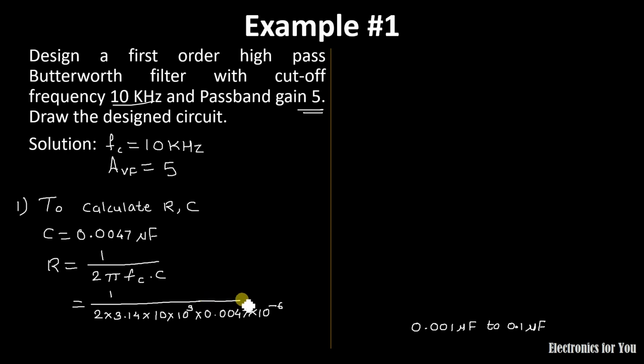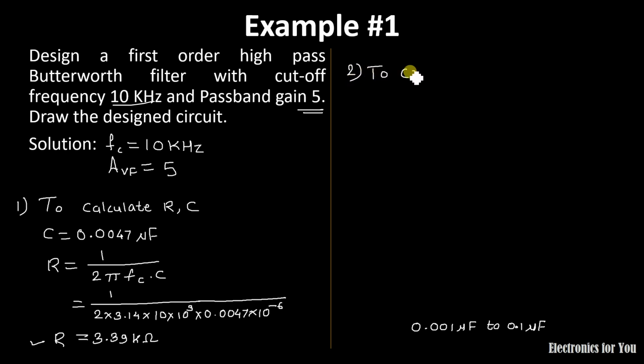If we put these values in our calculator, then we will get R equals 3.39 kilo ohm.